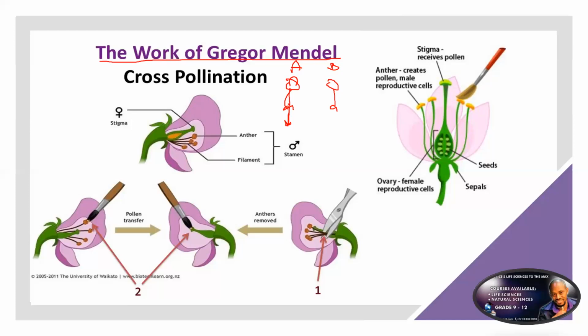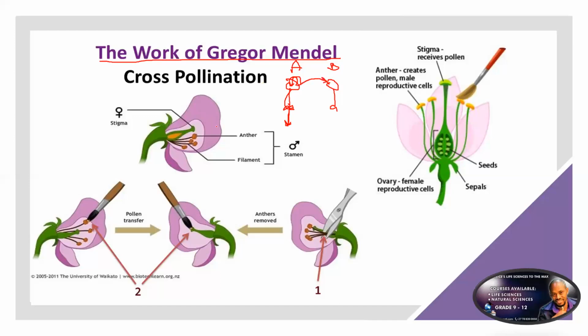Therefore, tall plus short, they will think that the child will be medium-sized. So that's the kind of thing that Mendel wanted to prove. And that's why he had to get plants that are completely different, not the same flower of plant self-pollinating itself. In a nutshell, Mendel was most interested in cross-pollination.